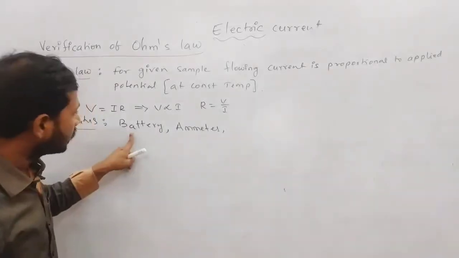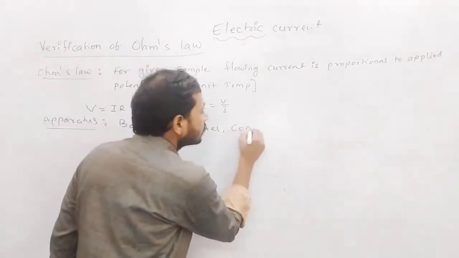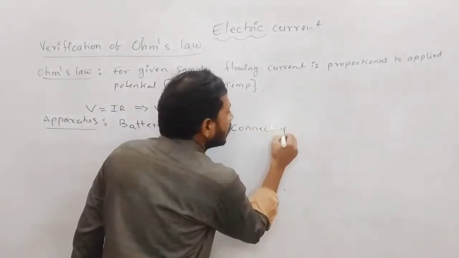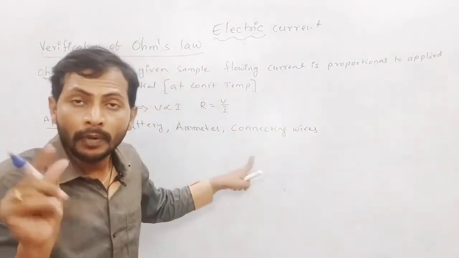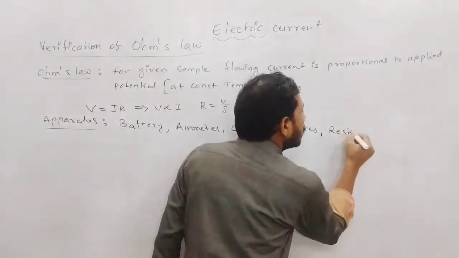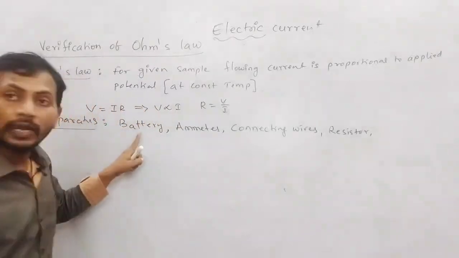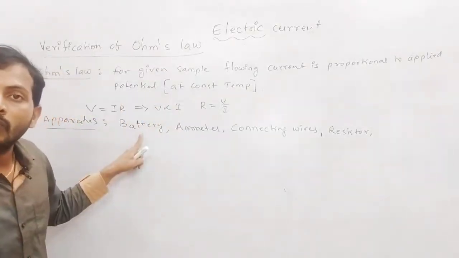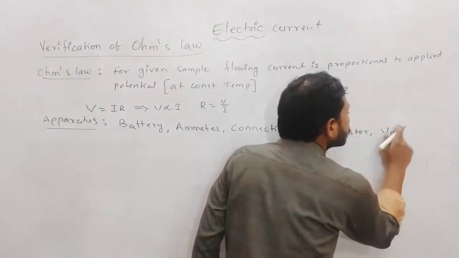To connect battery and ammeter I need connecting wires, and the given sample, a resistor, I also require. And to measure the voltage, I am going to take one voltmeter.